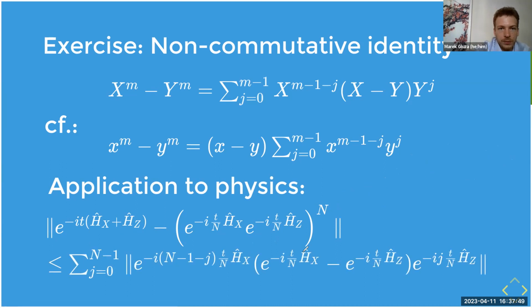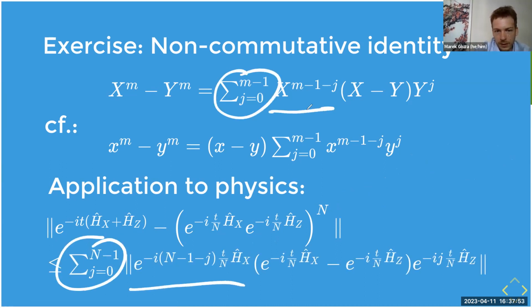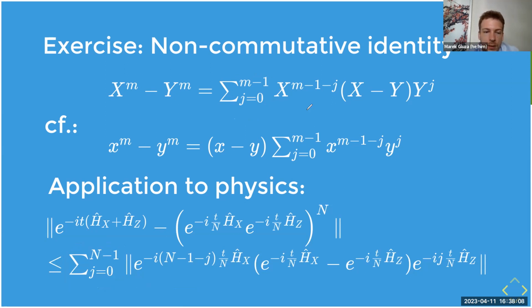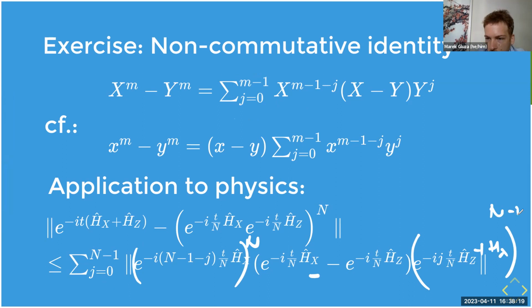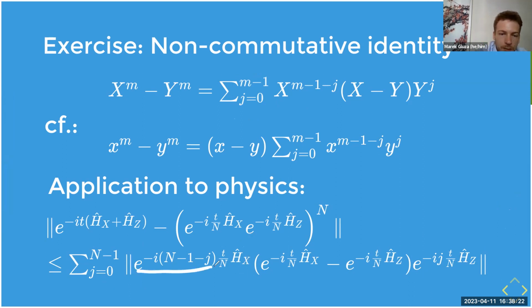So just using the formula here with m equals n, we have our x operator on both sides. This is actually wrong on this slide. I need to correct this. So the correct way would be hx to some power n, and here would be plus hx to power n minus j or something like this. So this is actually incorrect.